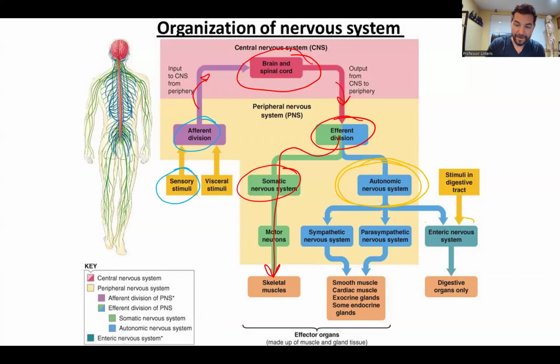And we have the enteric system, which regulates digestive functions. That's a separate branch of the ANS. What we're going to highlight here are the two branches called the sympathetic and parasympathetic divisions. The next slide will show that part much simpler than this, right?